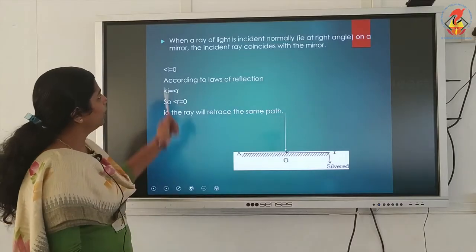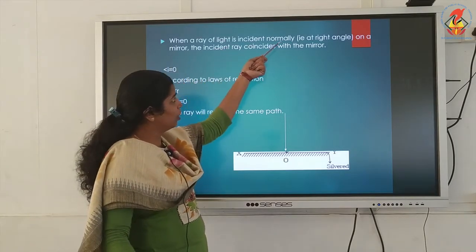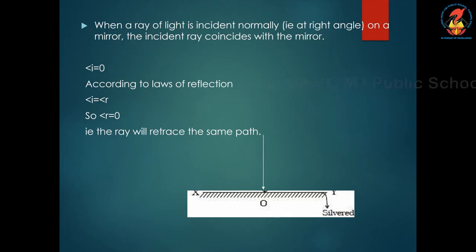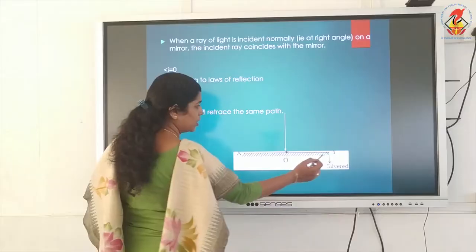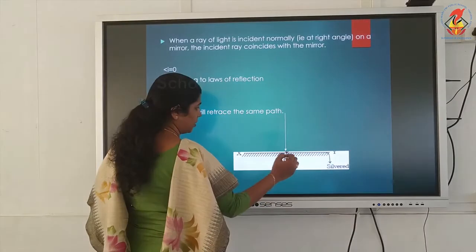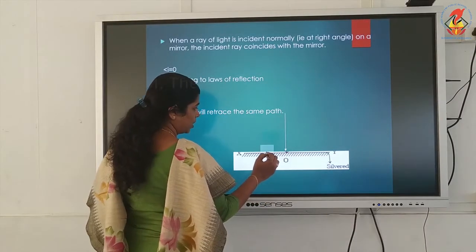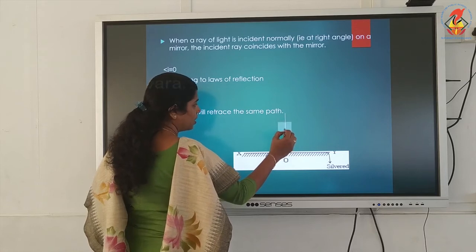Now, when a ray of light is incident normally, that is at right angles on a mirror, the incident ray coincides with the normal. This is the mirror surface and this is the incident ray.